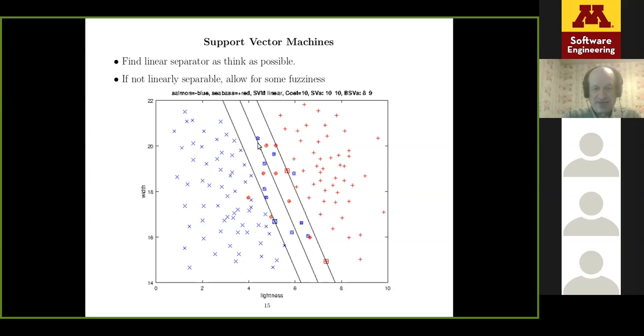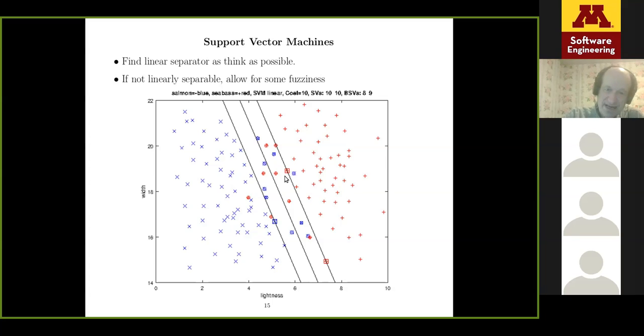The support vector machine in the linear case tries to find straight line separators. Of course, with this particular data, it's impossible to find a straight line separator, but you can find one where you allow a certain number of errors. So in this picture, the crosses and X's that have no circle around them are correctly classified. Everything that has either a box or a circle around it is incorrectly classified or is fuzzy.